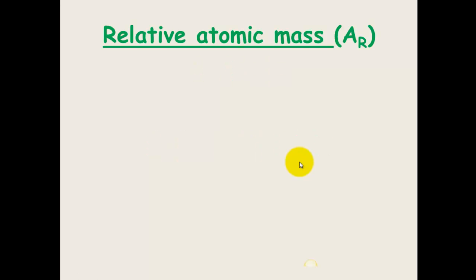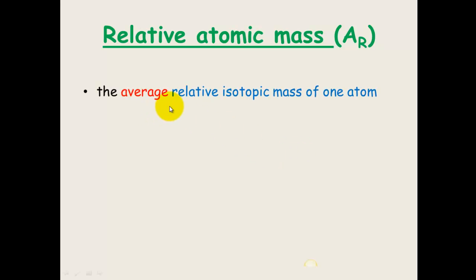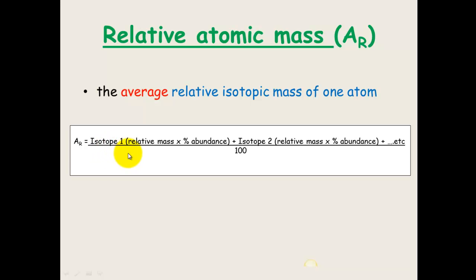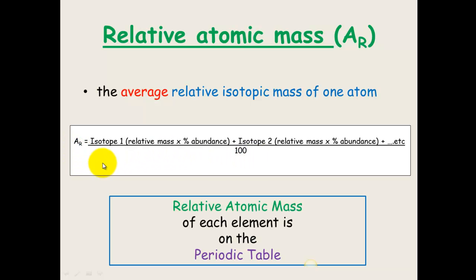So relative atomic mass. Relative atomic mass is the average relative isotopic mass of one atom. What that means is if you work out the relative mass of the first isotope of the atom and multiply that by its abundance, and add that to the second isotope's relative mass times abundance, etc., and divide that by 100, you will get the relative atomic mass of that atom.